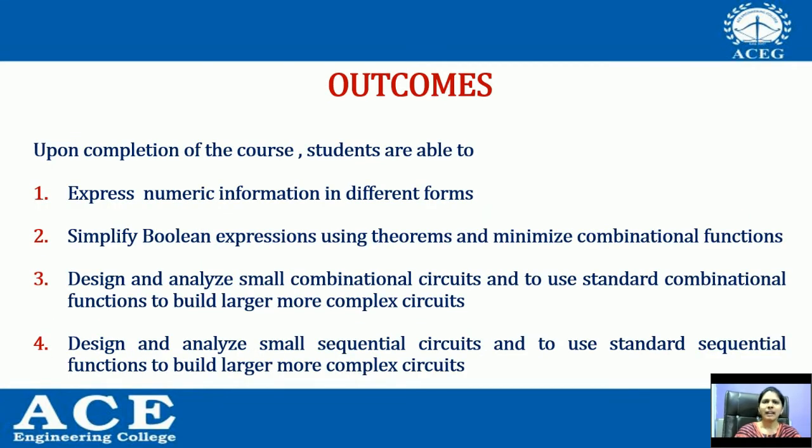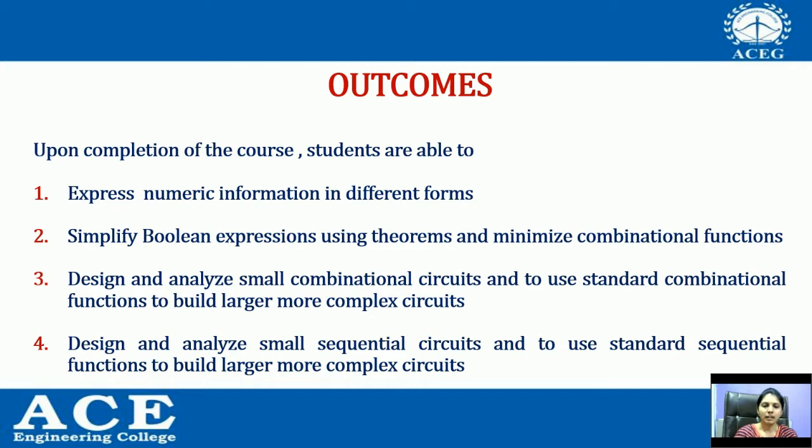Now we will see what are the outcomes of this subject. First outcome is to express numeric information in different forms. Upon completion of first unit, you will be familiar with expressing numeric information in different forms like binary, decimal, octal, hexadecimal.